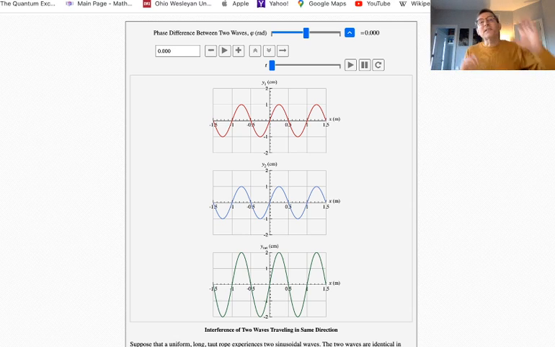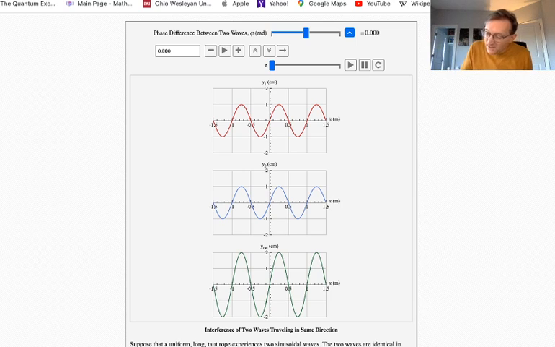Notice, that's the biggest amplitude I could possibly get when I combine these two waves. Absolute biggest. There's no way to get anything bigger than twice the original amplitudes, 2y max. So that's the absolute biggest I can get for the net wave.